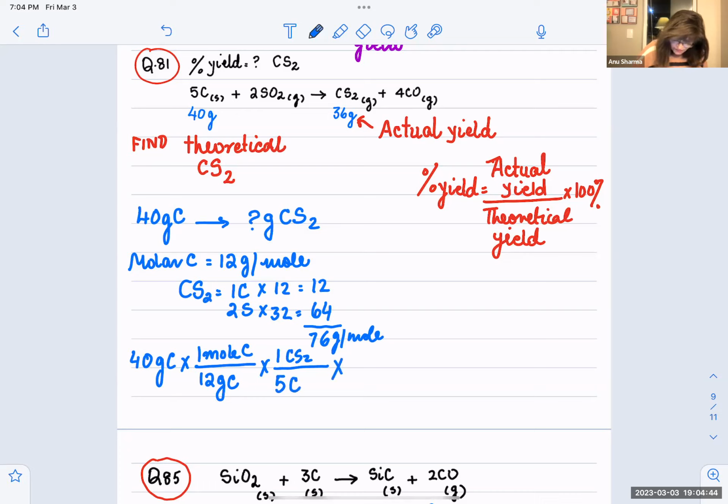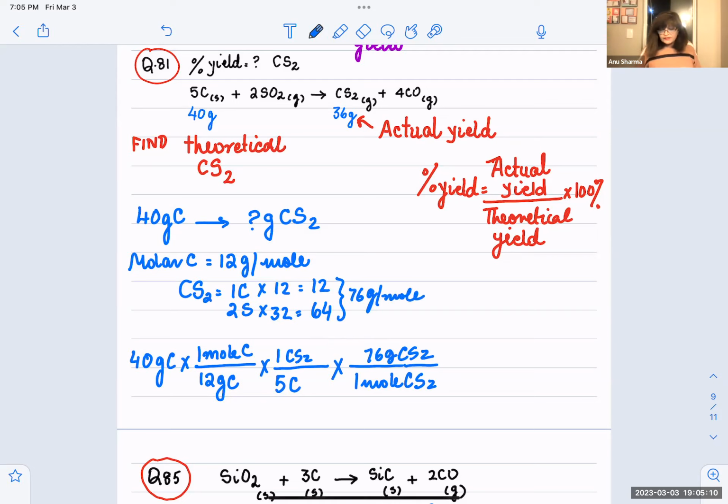Times, look at the grams, 1 mole of CS2 is 76 grams of CS2. When you add these, you get 76 grams per mole. That's the molar mass of CS2.